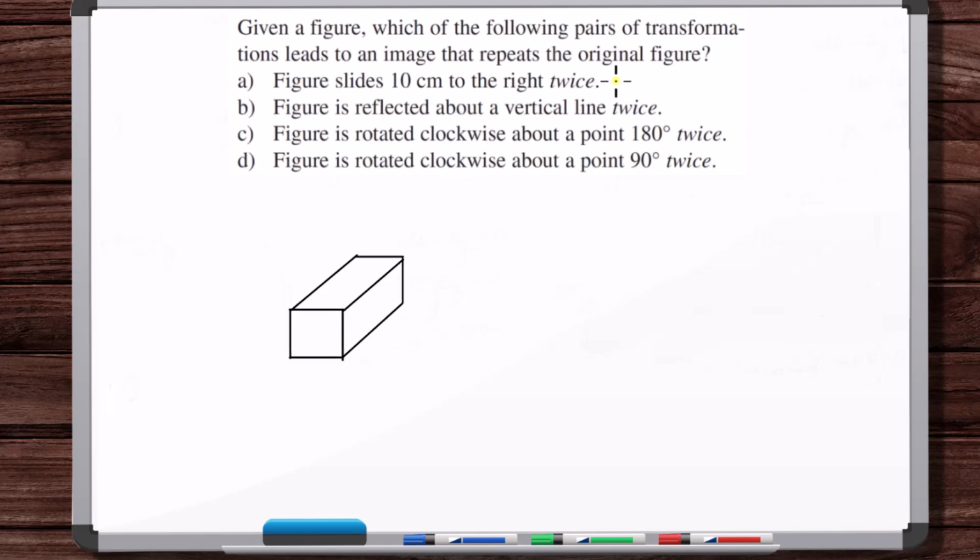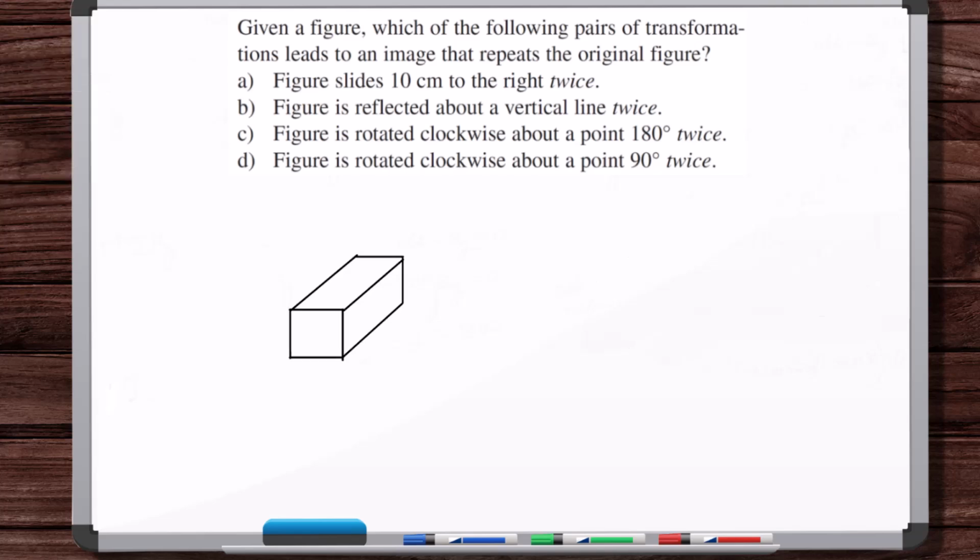Okay, let's see. Let's now reflect this about a vertical line twice. Yes, you are going to get the original figure back. So let's mirror this. That's reflecting about the center line of this computer screen here. Now if we mirror it again about that same vertical line, we're going to get the image on the other side, which is going to be the original image.